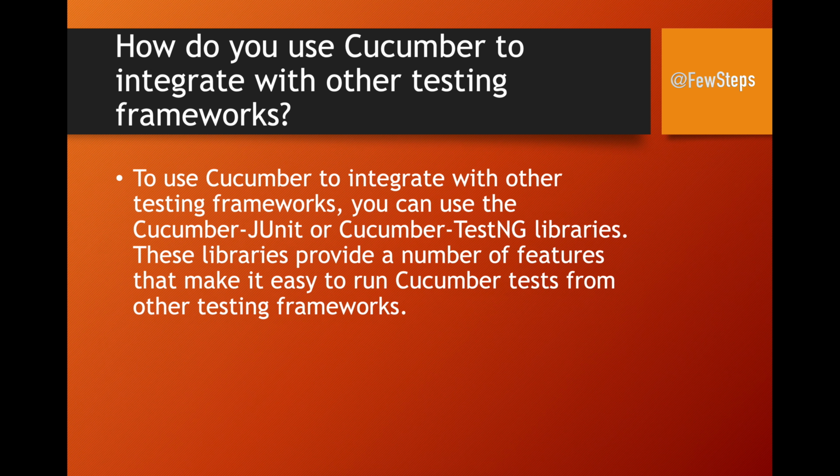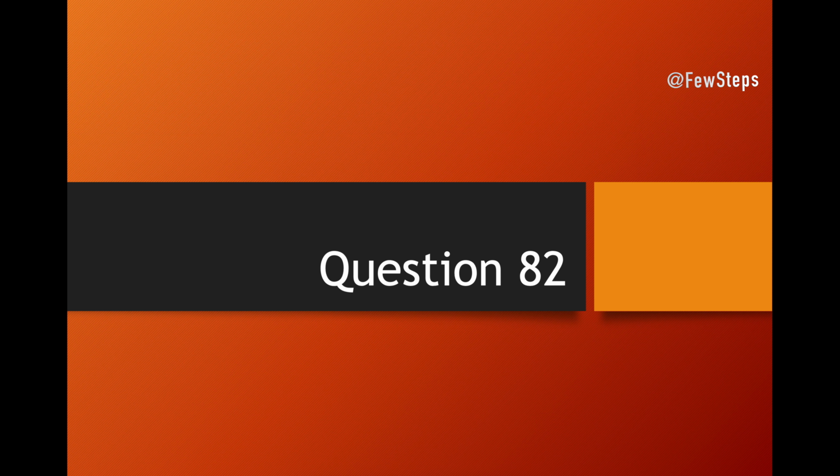Question 81. How do you use Cucumber to integrate with other testing frameworks? To use Cucumber to integrate with other testing frameworks, you can use the Cucumber JUnit or Cucumber TestNG libraries. These libraries provide a number of features that make it easy to run Cucumber tests from other testing frameworks.